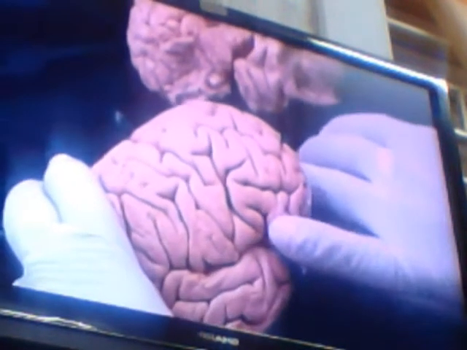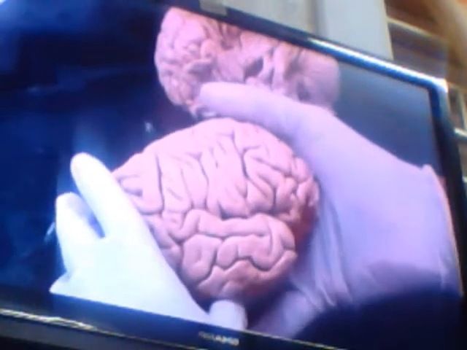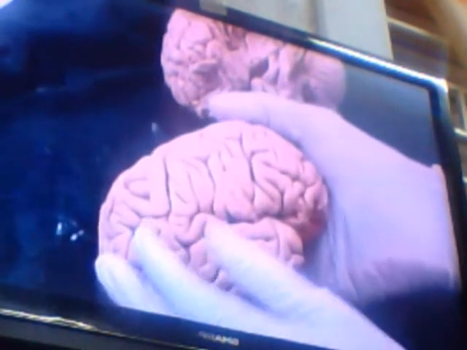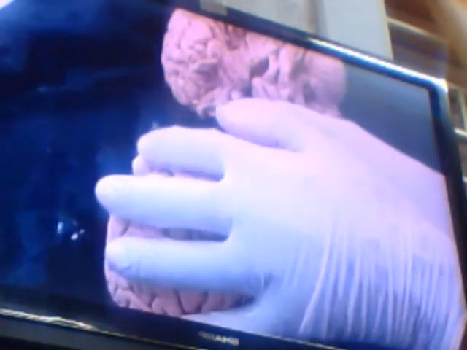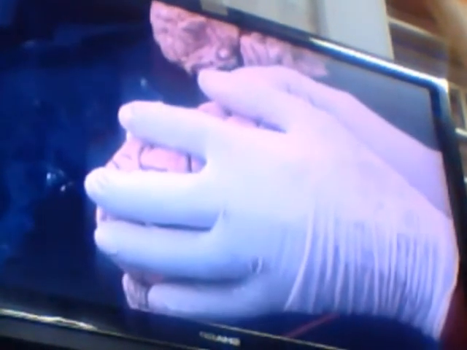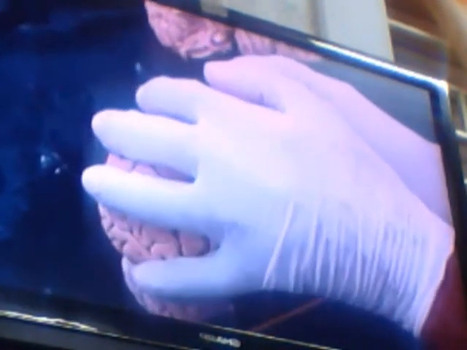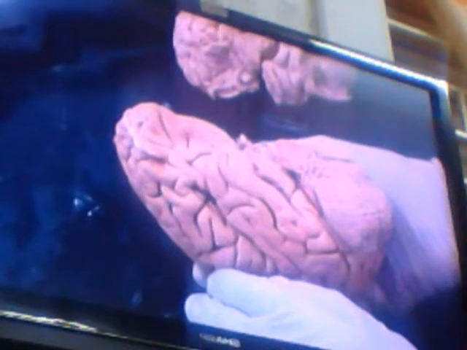Good. Now, in terms of surfaces, we can say that this surface is the superolateral surface. And the superolateral surface is convex. The medial surface is flat, and the inferior or basal surface is irregular.